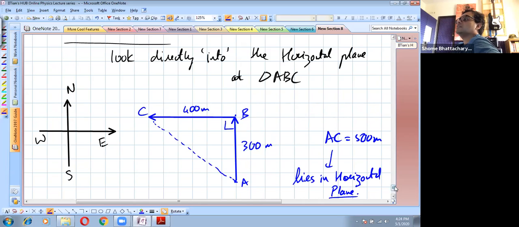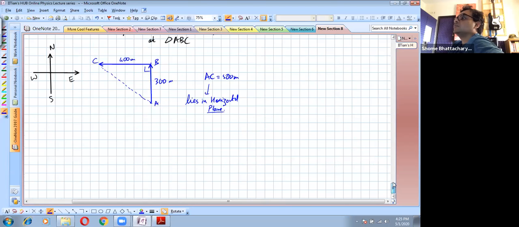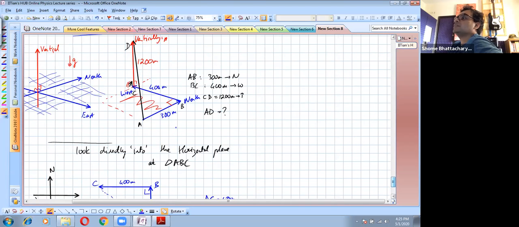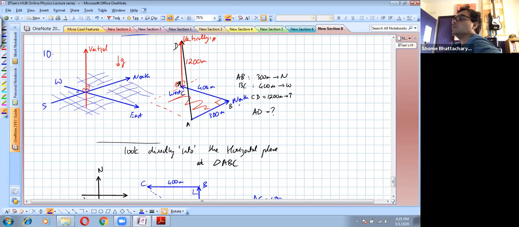So AC lies in the horizontal plane. Okay. So this is the first step. So just take a moment to understand the relationship between this three-dimensional diagram, where you have gone towards north, then on the floor you turned left and went towards west, and then you suddenly vertically took off and went towards the ceiling through 1200 meters.